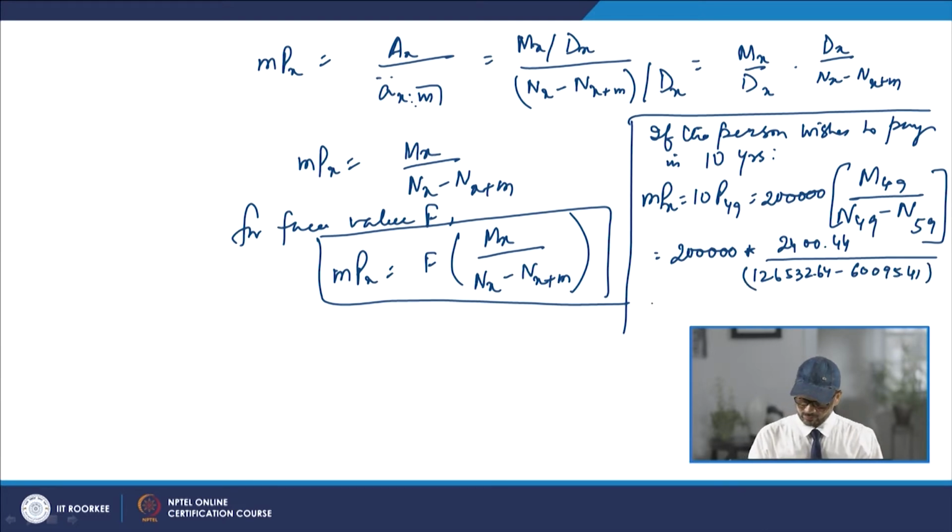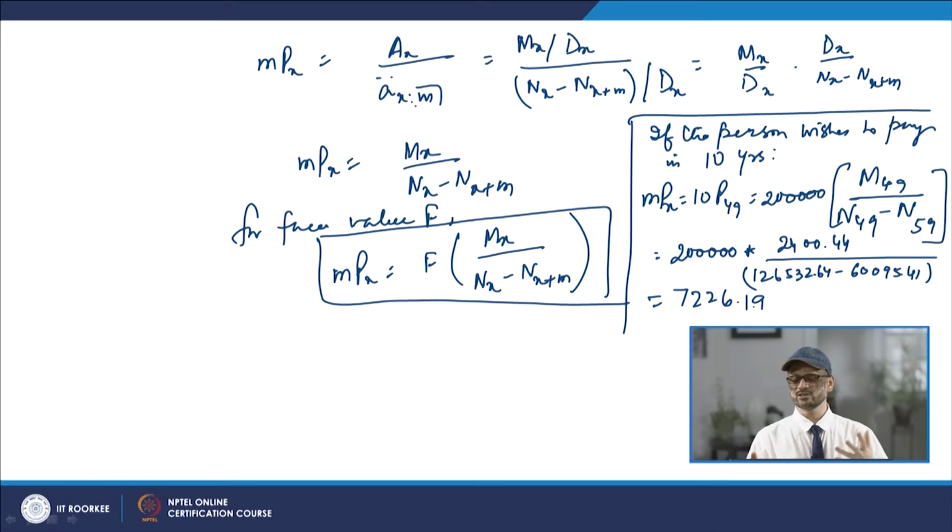So, this way you are getting 7,226.19, and this is for the 5% interest rate. Let us be sure about it, that this is for a certain interest rate.